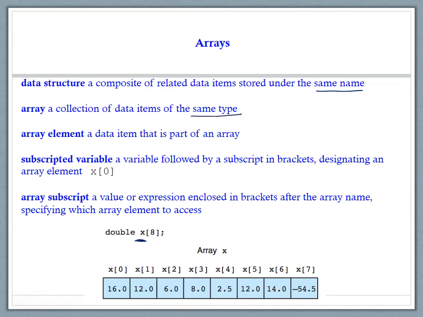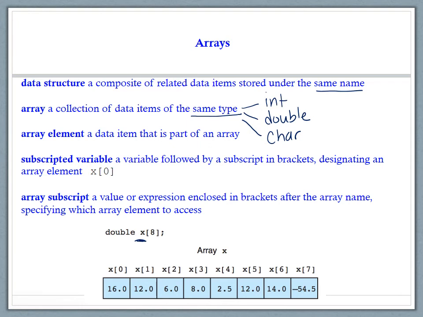You cannot mix integers and doubles. At this time, we are only familiar with integers, doubles, and characters. So if you wanted to store an array of characters or an array of doubles or an array of integers, even if they were related, you would need 3 separate arrays.